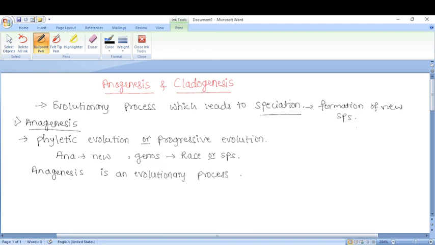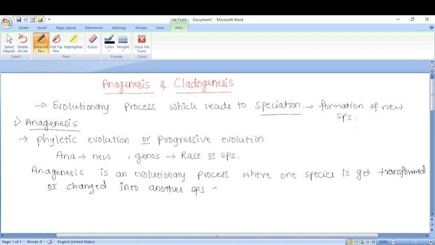Anagenesis is an evolutionary process where one species gets transformed or changed into another species due to the accumulation of changes. This is called anagenesis.